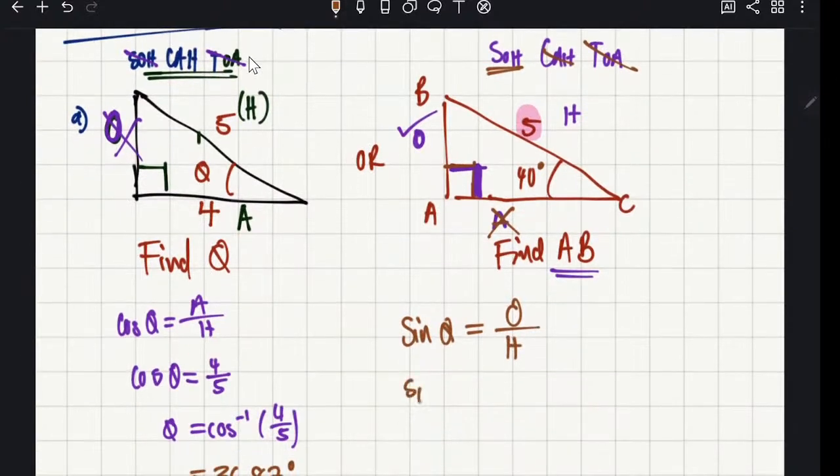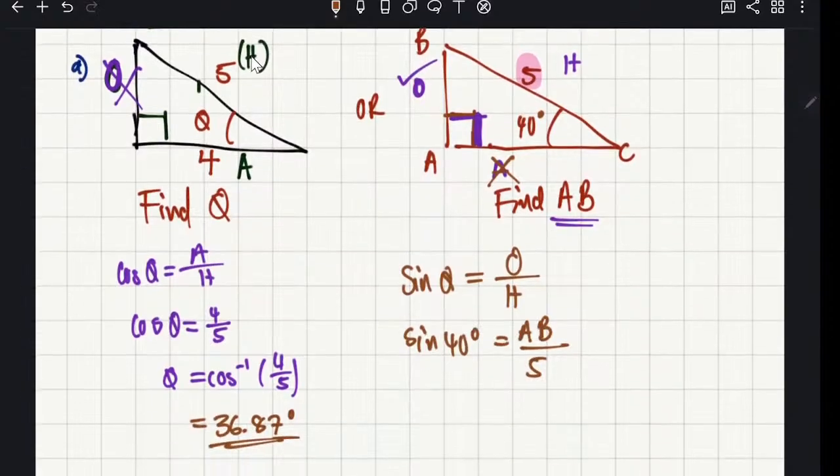Which will be sine 40 degrees is equal to, what is the opposite? AB over, what's the hypotenuse? 5. Then you take 5 to the other side. So here you take 5, it becomes 5 sine 40 degrees is equal to AB. What's the answer?